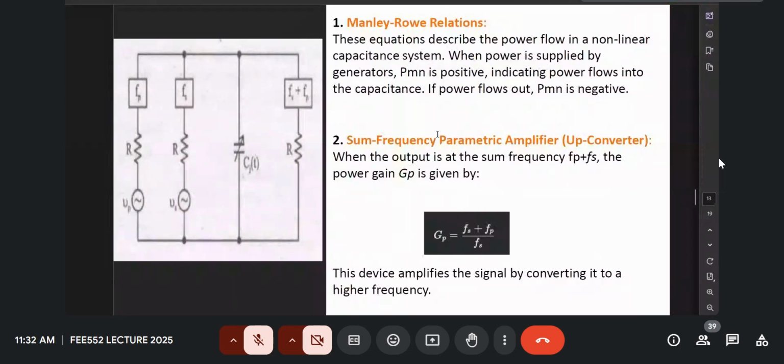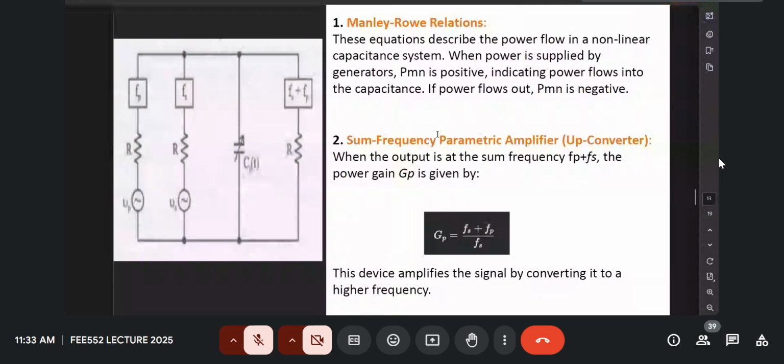So in this we have what we call the sum frequency parametric amplifiers. Remember, we are under the gain of parametric amplifiers. So we have what we call the sum frequency parametric amplifiers, also called the up converters. So when the output is at the sum frequency FP plus FS, the power gain GP is given by the equation below.